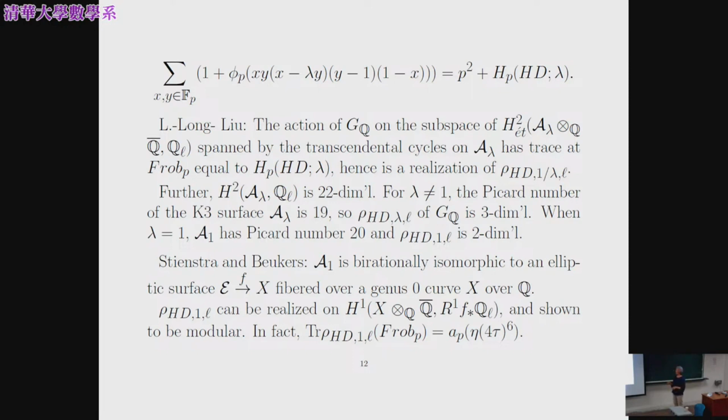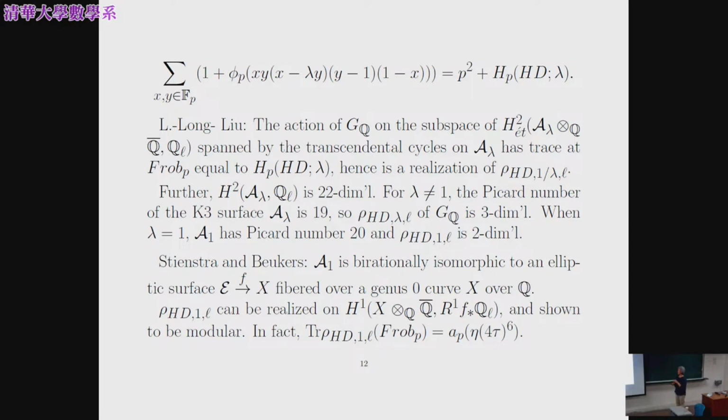Then the question is from which piece does this hypergeometric character sum show up? Okay. So the answer is that it's coming from the H2 of this surface with the constant sheaf. So this H2 itself is a 22-dimensional space.